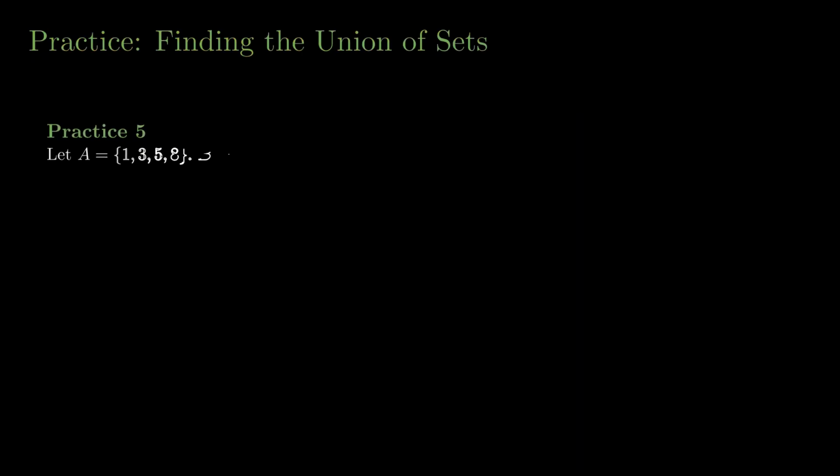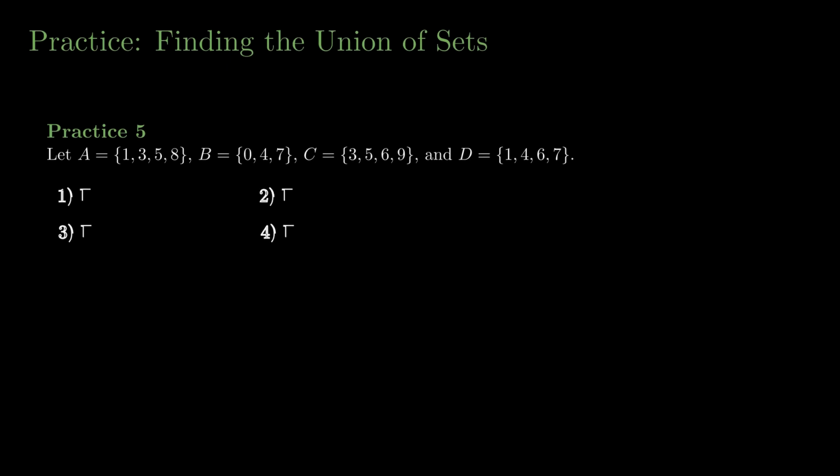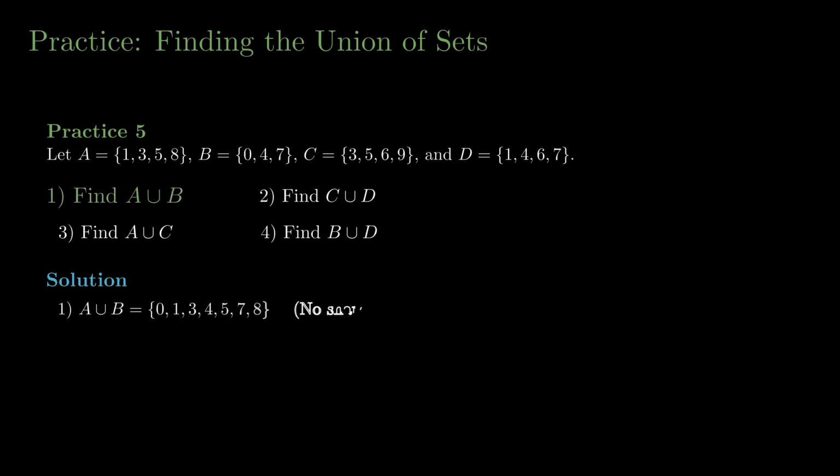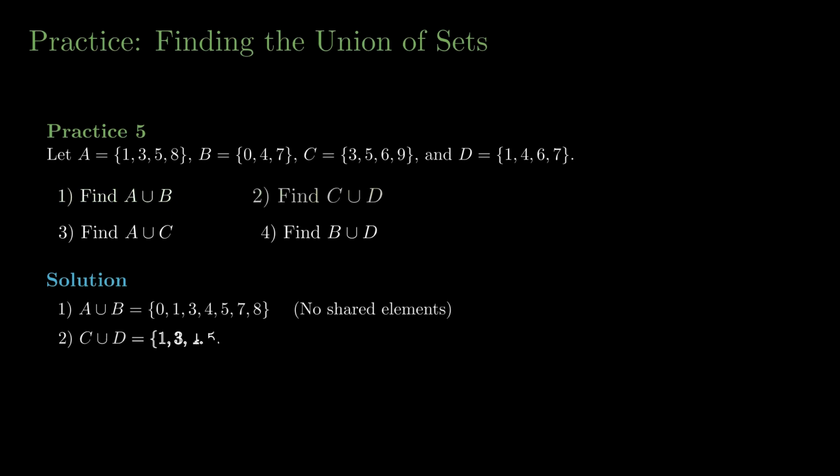Let's test our skills with a comprehensive practice set. Given 4 distinct sets, A, B, C, and D, find the union for each of the following questions. For number 1, combining sets A and B and listing them in order gives 0, 1, 3, 4, 5, 7, and 8.